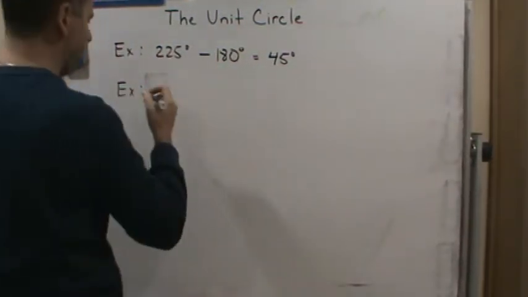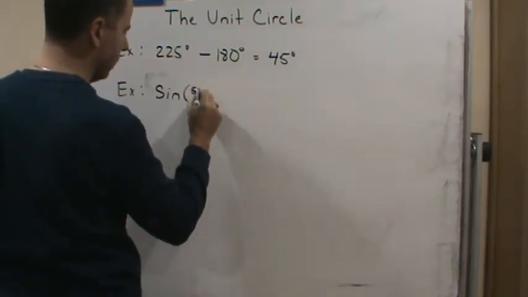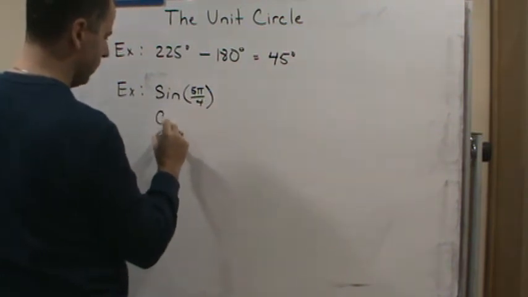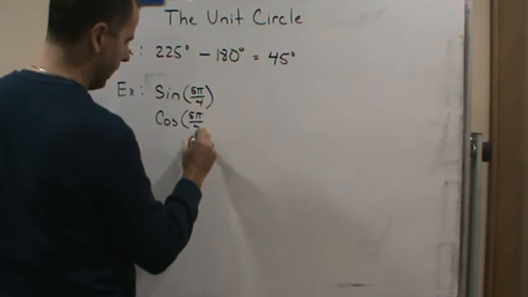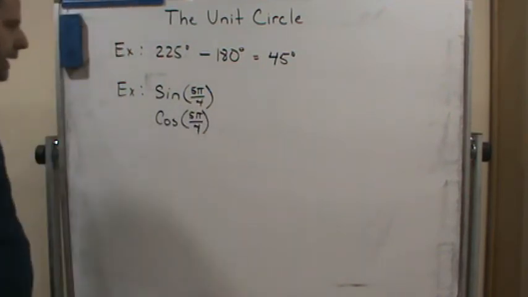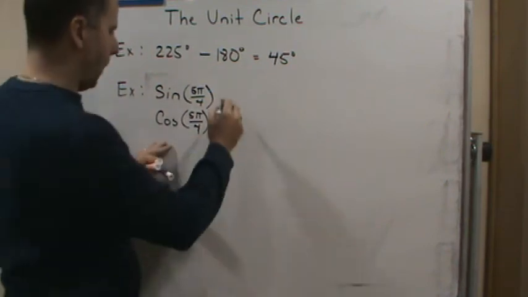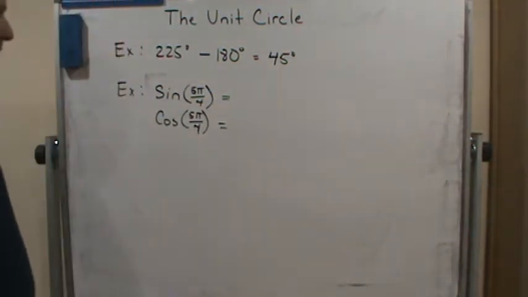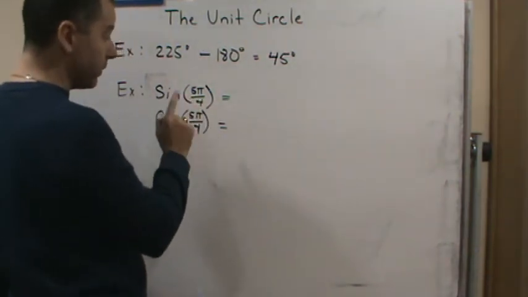So for 5 pi over 4, we want the sine of 5 pi over 4, and we want the cosine of 5 pi over 4. Okay, so now, again, we want the reference angle. What quadrant is this in?